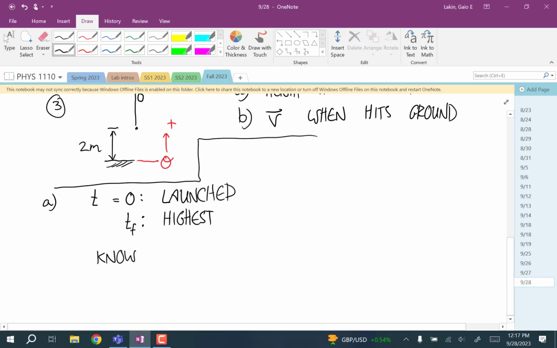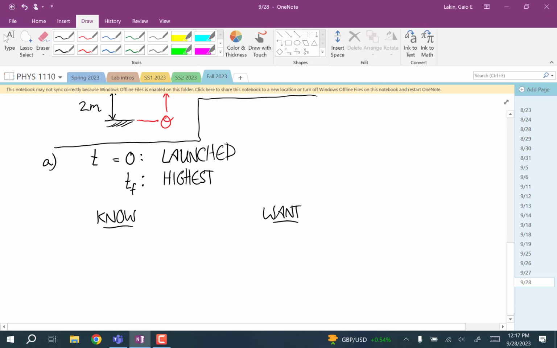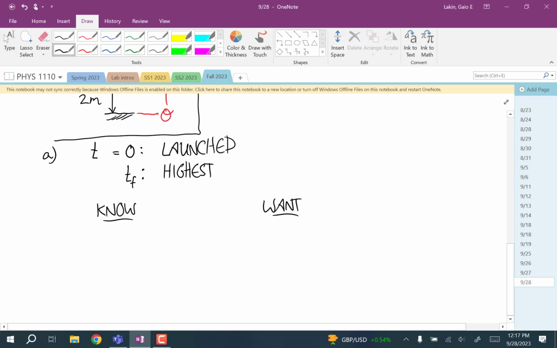And now we'll go through what we know and what we want. We don't know time final. We don't know how long it takes to get to the top. We know the acceleration is negative 9.81. P initial is 2 meters.